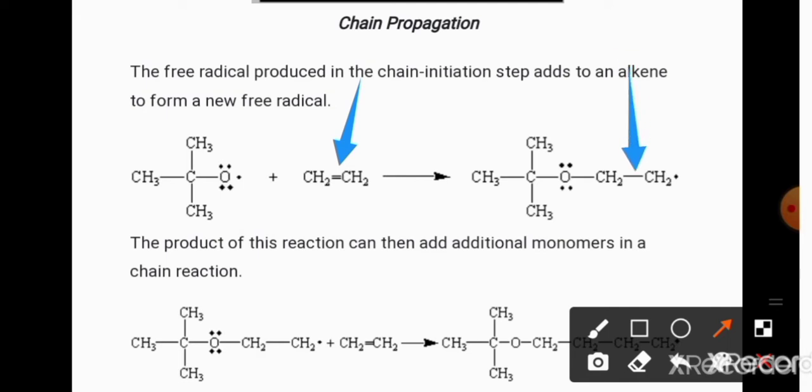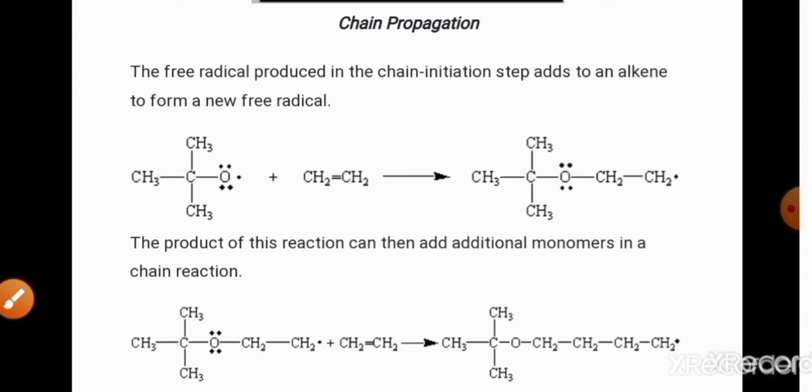You can see here how it gets converted into a single bond. This carbon shares its one electron with the unpaired electron of the free radical to form an oxygen-carbon bond between them.